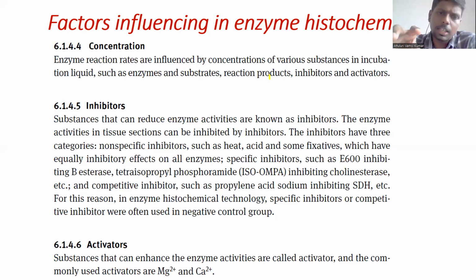That might happen in some tissues in some studies, so we will add certain inhibitors. The inhibitor's role is to inhibit the enzymatic activity. Inhibitors are reversible, so we can remove the inhibitor to get the normal enzymatic reactions and restart the enzyme.